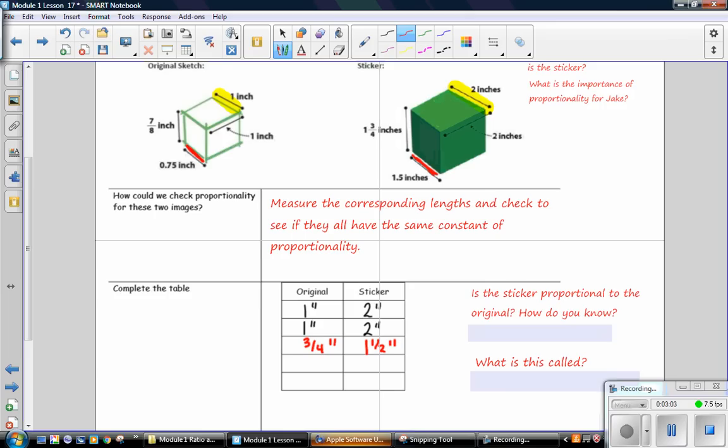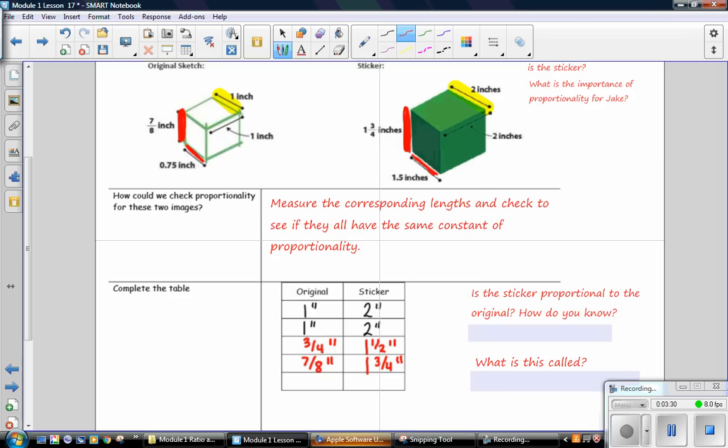And then we have the 7/8 inch, and that corresponds to the 1 3/4 inch. 7/8 of an inch, and the corresponding side is the 1 3/4. And remember that when we say corresponding sides, we mean that they're in the same position on the cubes. So the 7/8 is on the left and the 1 3/4 is on the left, so they are corresponding sides.